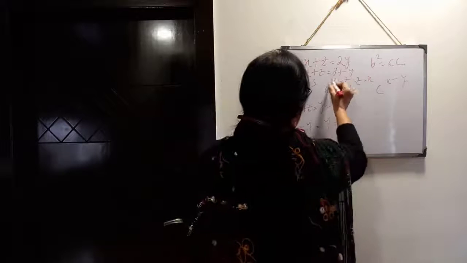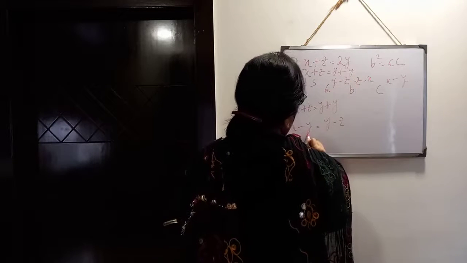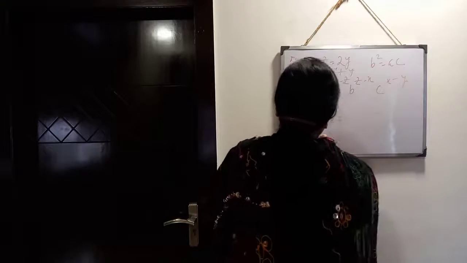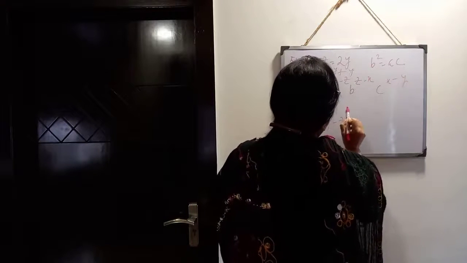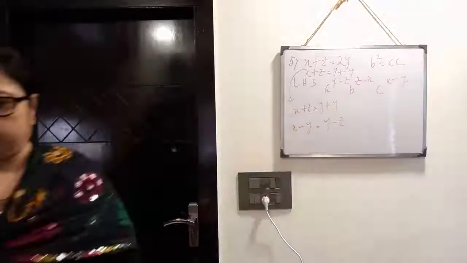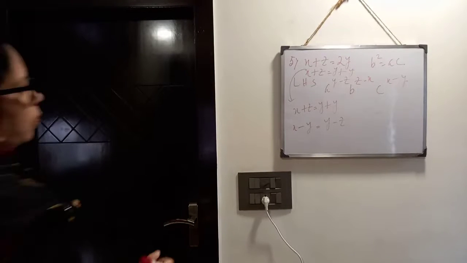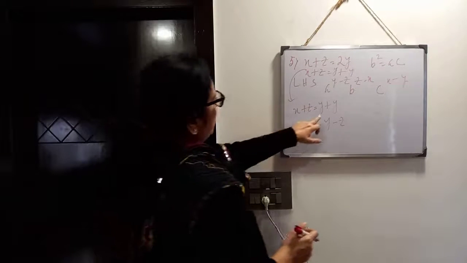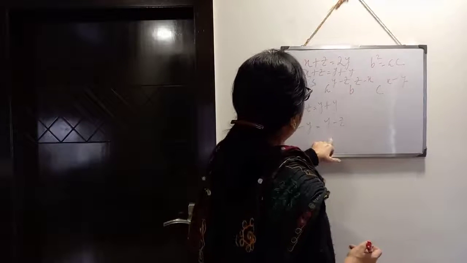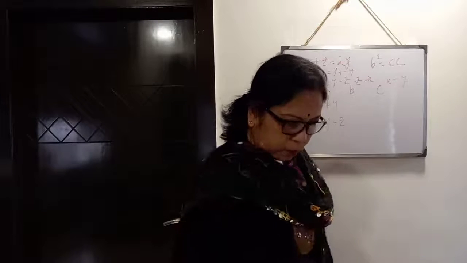Now there is y minus z. So in place of this I can write x minus y, or there is x minus y, we can write y minus z. We will change only either here or there. Now see, we will change either from here x minus y in terms of y minus z, or y minus z in terms of x minus y.